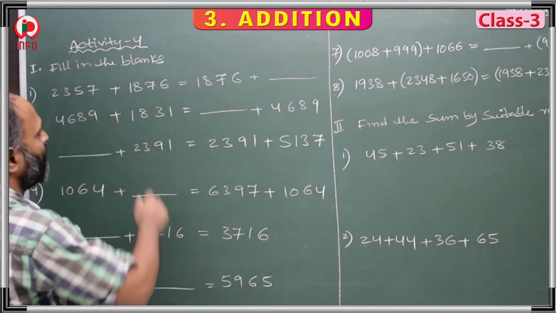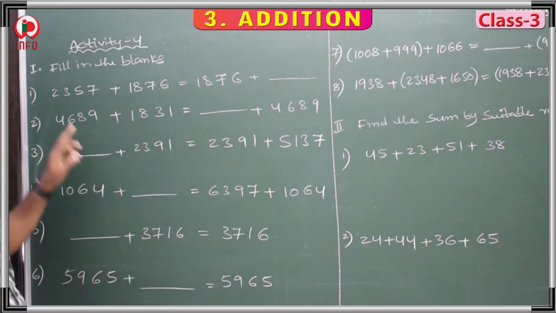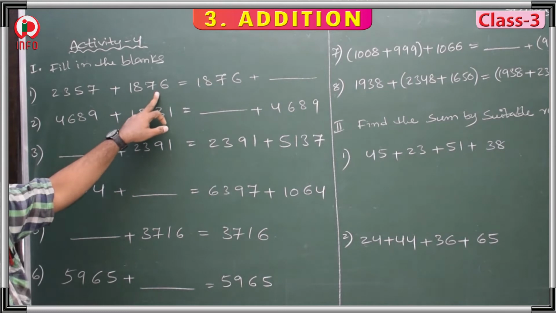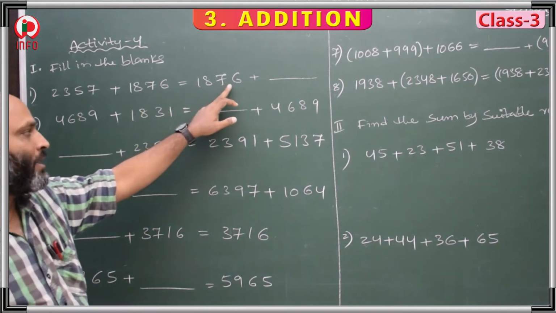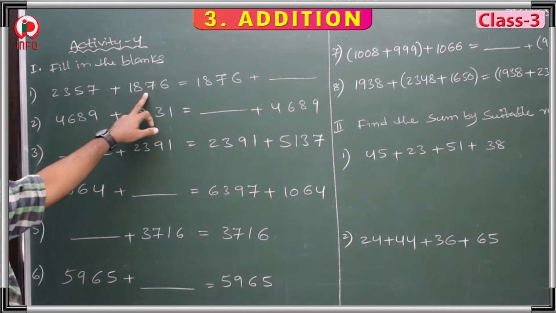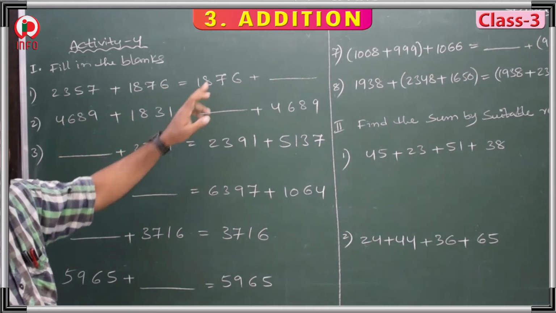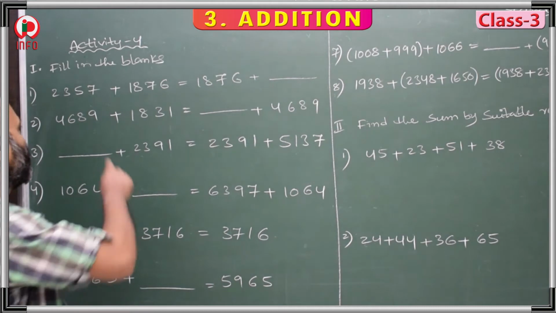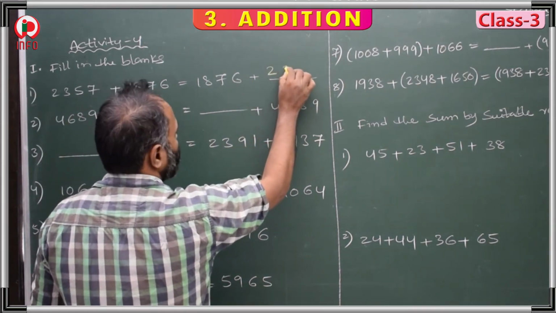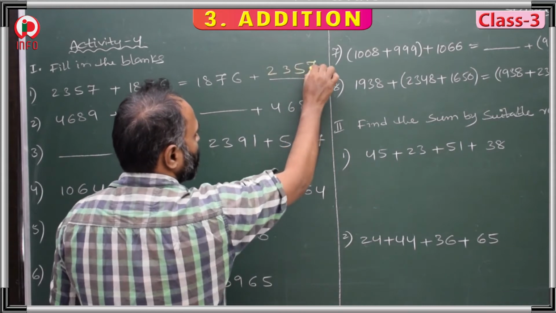2357 plus 1876 is equal to 1876 plus, here the order will change. Here we consider the first addend first, then we write the second addend next. What is the second addend? 2357.